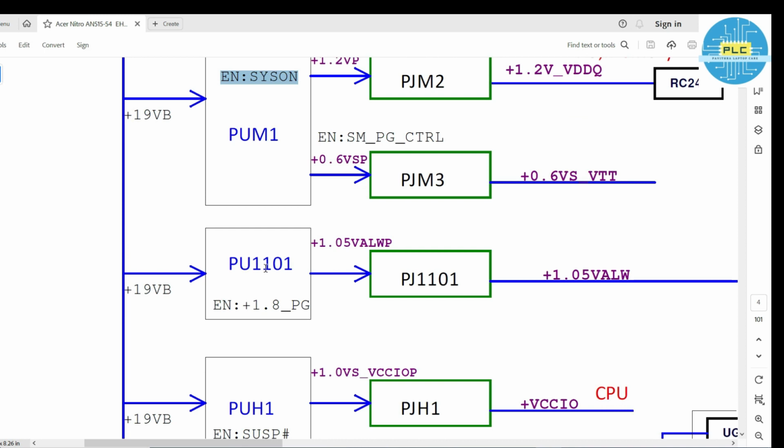Here this PU1101 load is completed when 19 volts is given to this input, and then it gives an output when the signal comes. This signal comes to this load. Then what does it give? Plus 1.05 VALWP, through PJ1101, plus 1.05 VALW always.